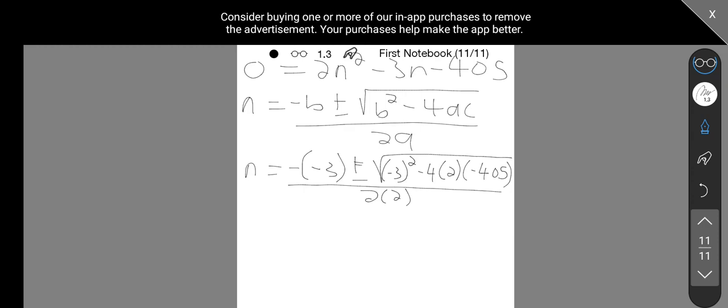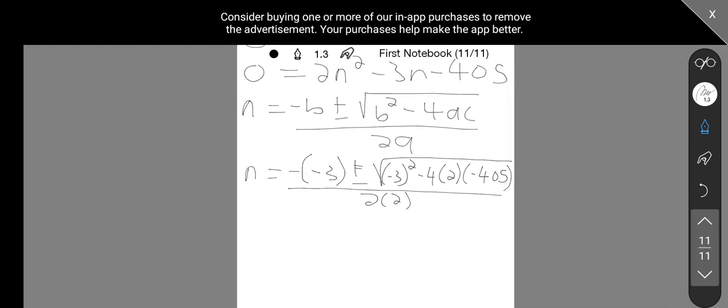The first answer is that n is equal to 15, and the other one, let's see, negative 27 over 2. According to mathematics, a position can never be negative.